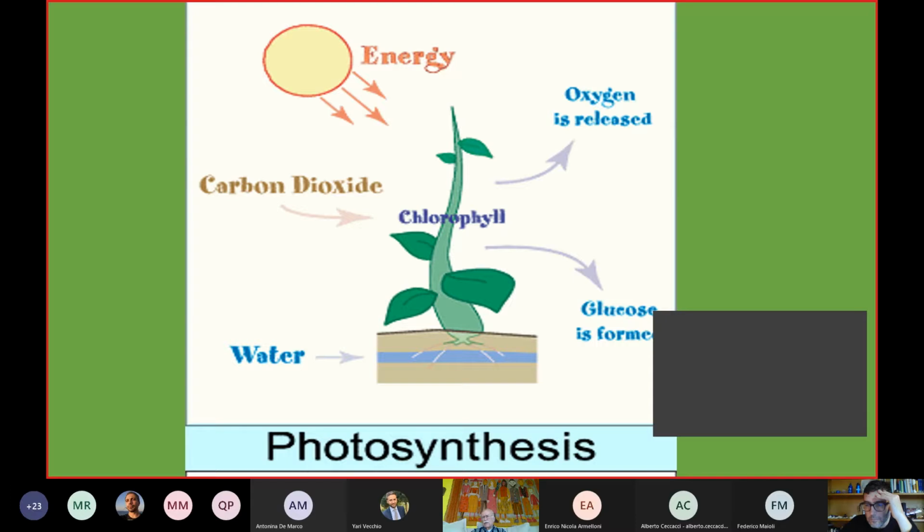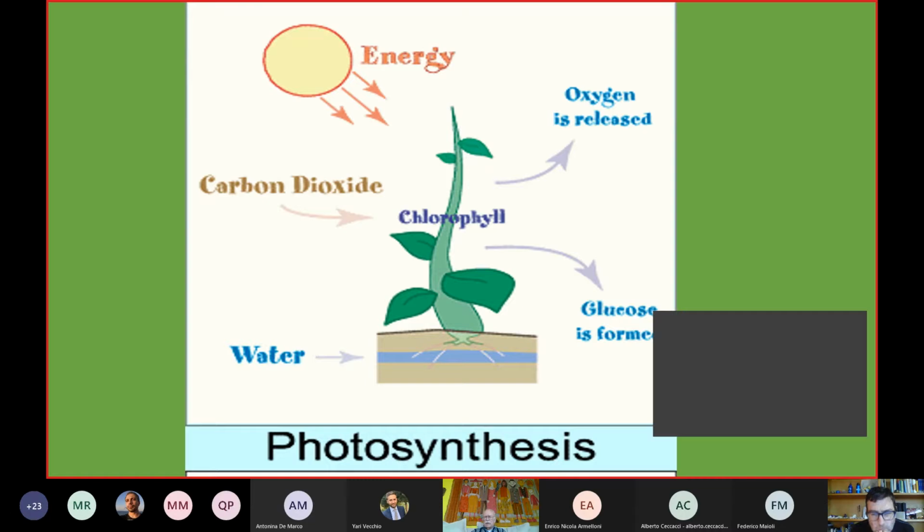Now, it says glucose is formed, but in reality, the carbon chain of the glucose is then transformed into all the hundreds, thousands of organic compounds.